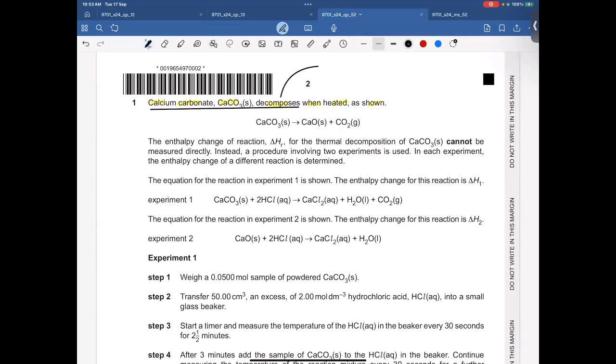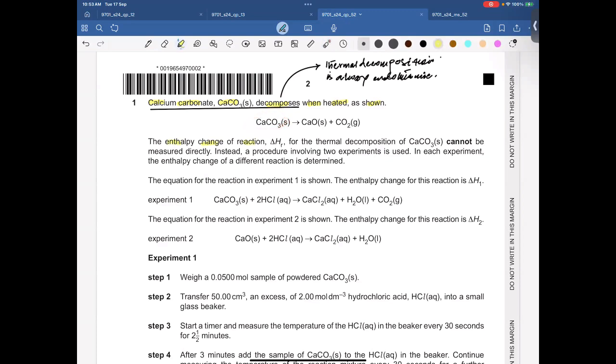And thermal decomposition is always endothermic, which means in order to decompose this compound, energy must be absorbed.